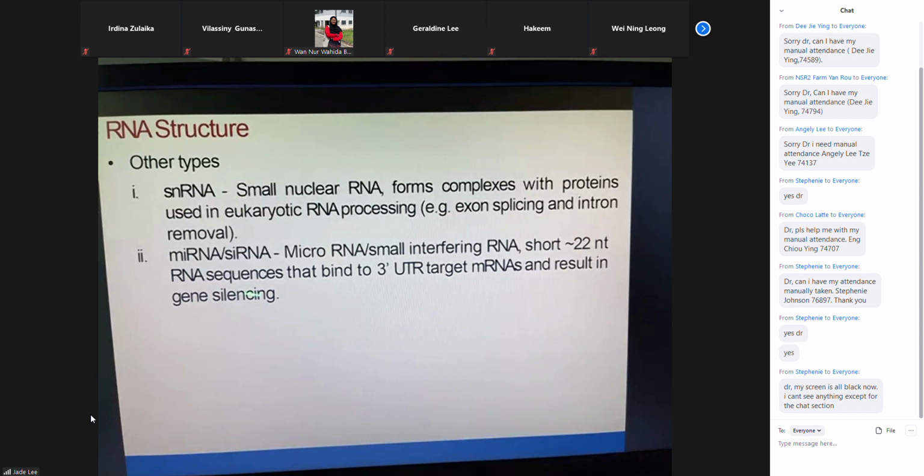A lot of methods like miRNA or siRNA are used to do gene silencing. We want to silence the gene so that we can understand the function of the gene. When we silence the gene, the protein will not be produced. So we want to see what happens to the organism, what phenotype we can observe.